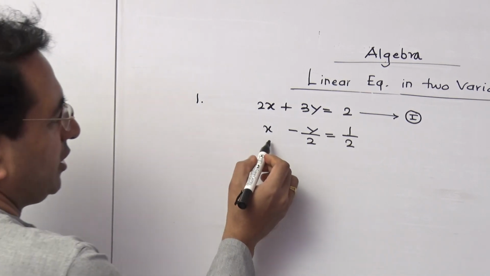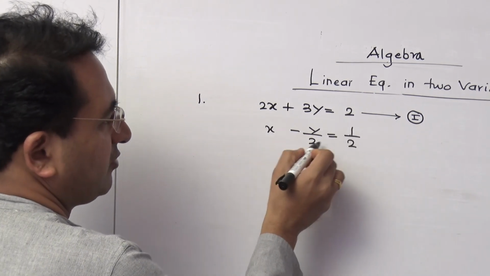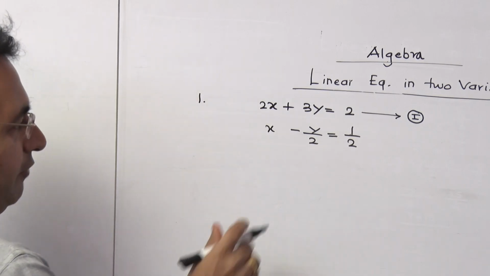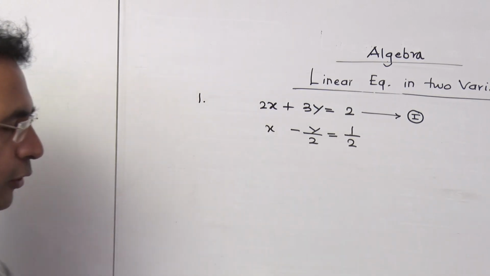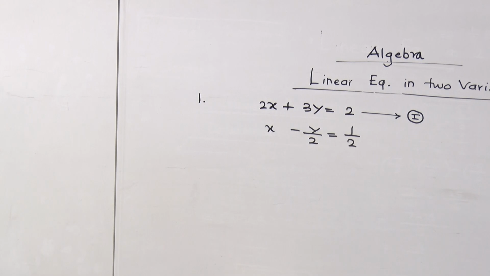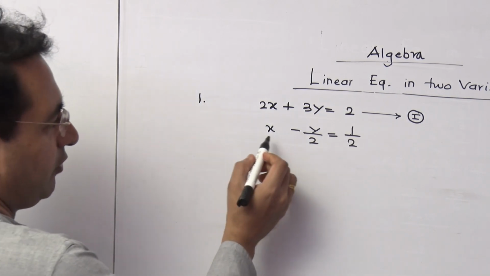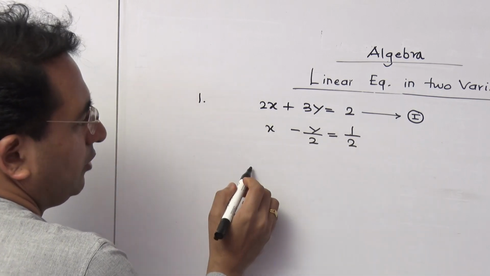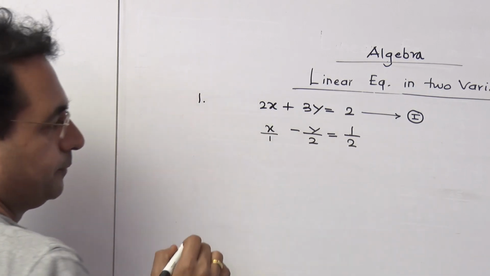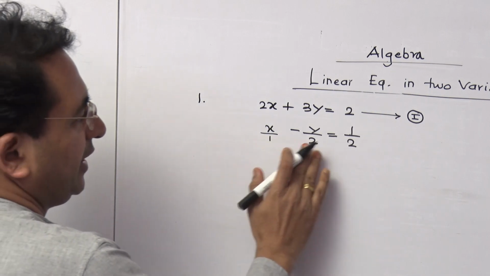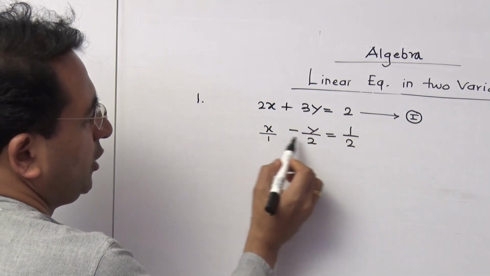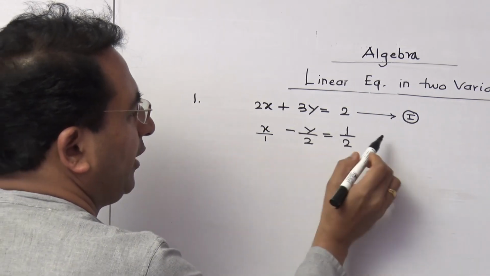But this equation is not in that form. It is having some fraction. Now if you solve it with the fraction, no problem. You will get the answer, but majority of the times we may go wrong in the calculation. That's why we avoid it. So I am writing upon 1 here. And as per my earlier explanation, that is 1, 2 and 2, so we will multiply throughout by 2.